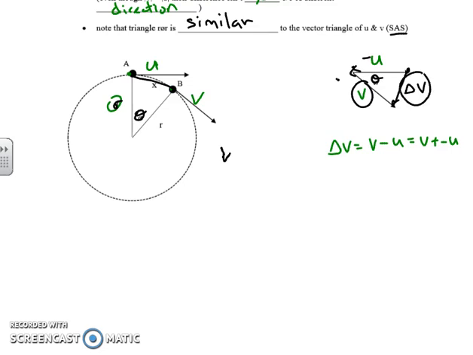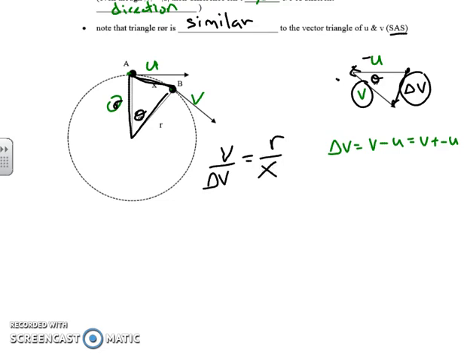We can say v divided by delta v must equal the corresponding parts to our triangle within the circle right here. So v corresponds to r all over x.